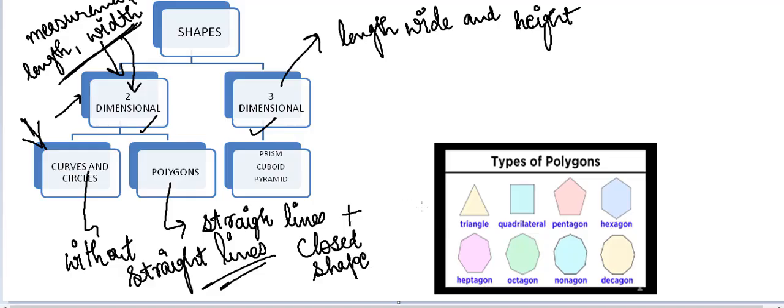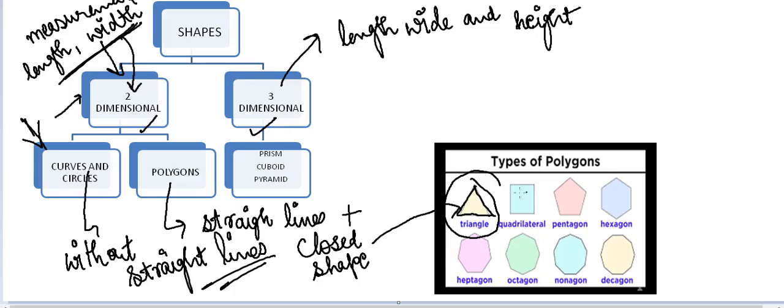Closed shape means there is no point which is left without connection. The polygons are triangles. Every side is closed and they are also having straight lines.